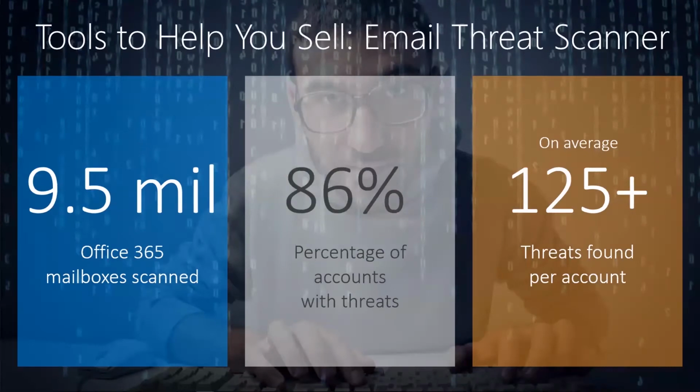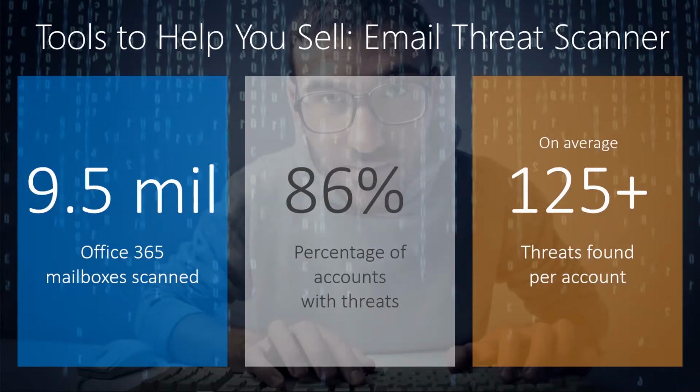We do have tools that can help you alongside email security in the form of ESS, and that is called an email threat scan. Here are some of the statistics out of our email threat scan service. We've scanned over 9.5 million emails, and around 86% of the accounts had at least one threat in them.